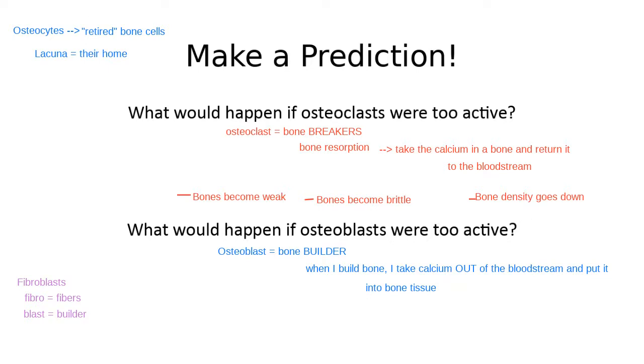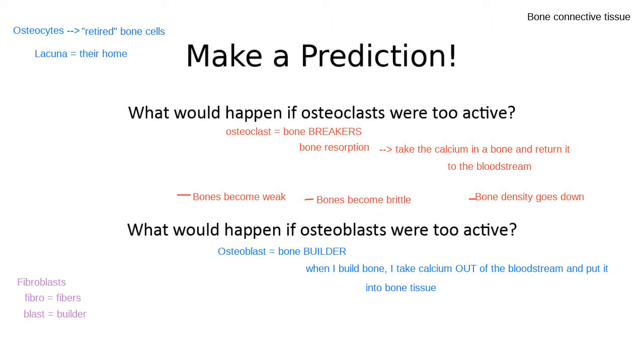Let's do some review in my corner up here. When we talk about bone connective tissue, we talked about how bone connective tissue, because it's a connective tissue, has cells and extracellular matrix.